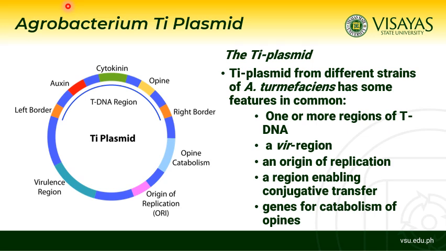And lastly, we have the genes for catabolism of opines. Here, it also has opine synthase genes that encode for enzymes involved in opine synthesis. This is important because it carries genes which encode for proteins involved in the production of plant growth hormones as well as in the biosynthesis of novel metabolites.